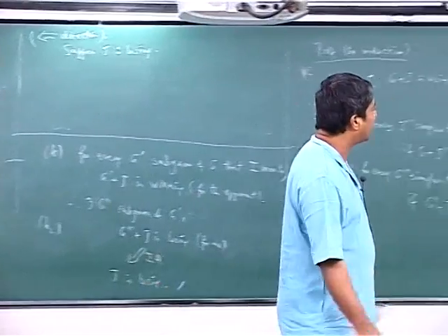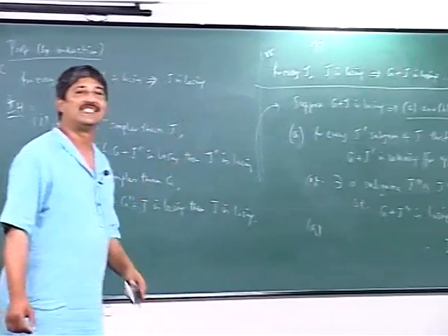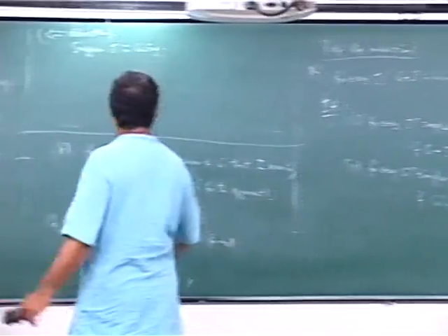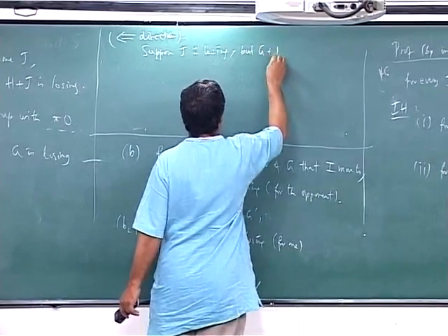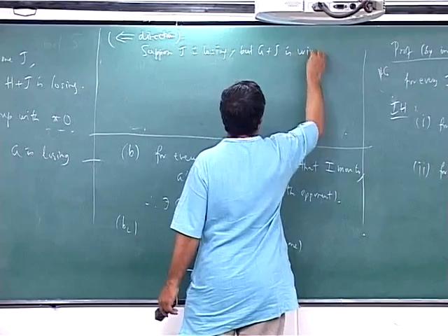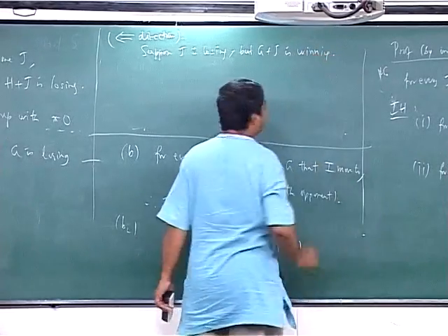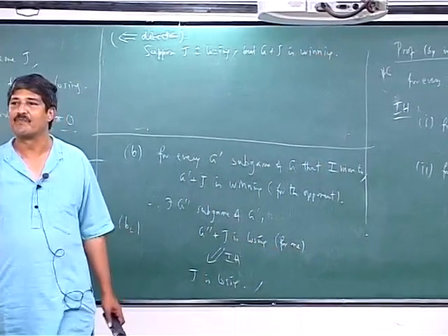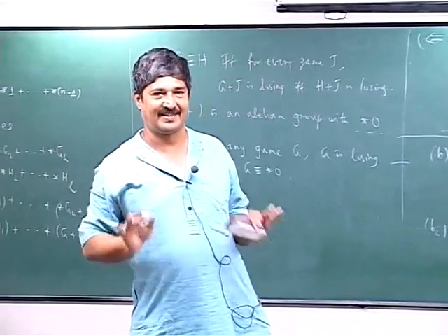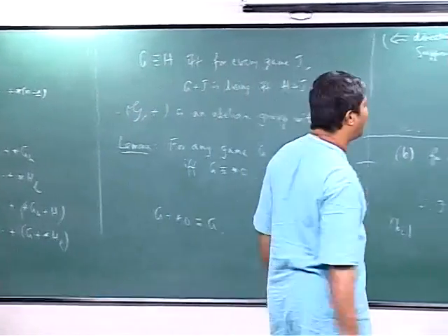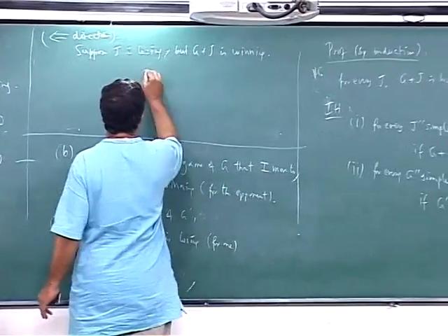What is the other direction? I have to show that if J is losing, then G plus J must be losing. So suppose J is losing, but G plus J is winning. It's winning means there is some subgame that I can go to that is going to be losing for the opponent. So let me write that.